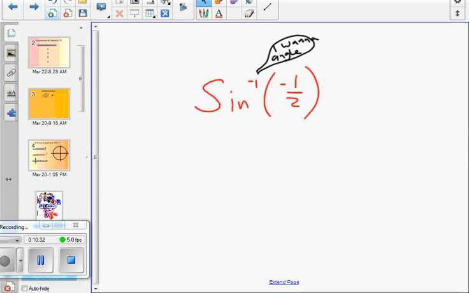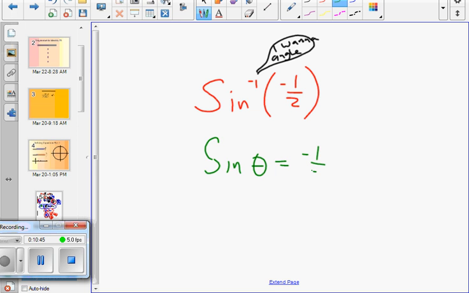Raise your hand if you're already done, just out of curiosity. All right, only 5 people. I'll wait. For those that are kind of stuck, here's my first step usually. Rewrite this as sine of some angle is -1/2. And I want to clarify, this would have unlimited answers. So it is different. The rewrite of this is not exactly the same thing.